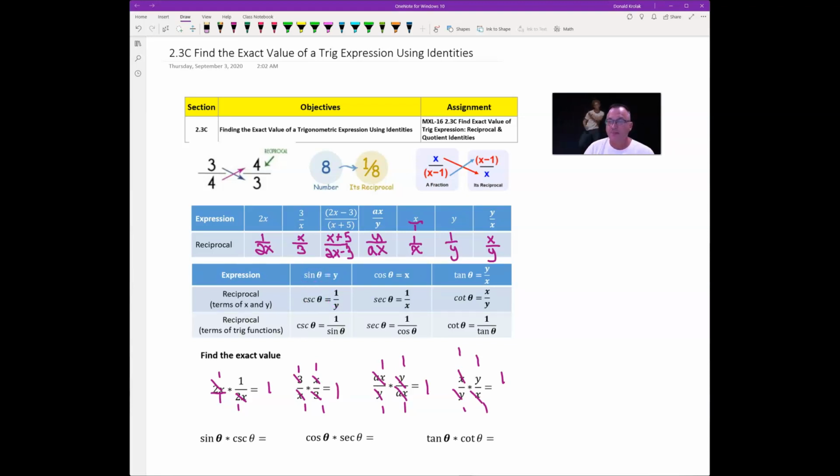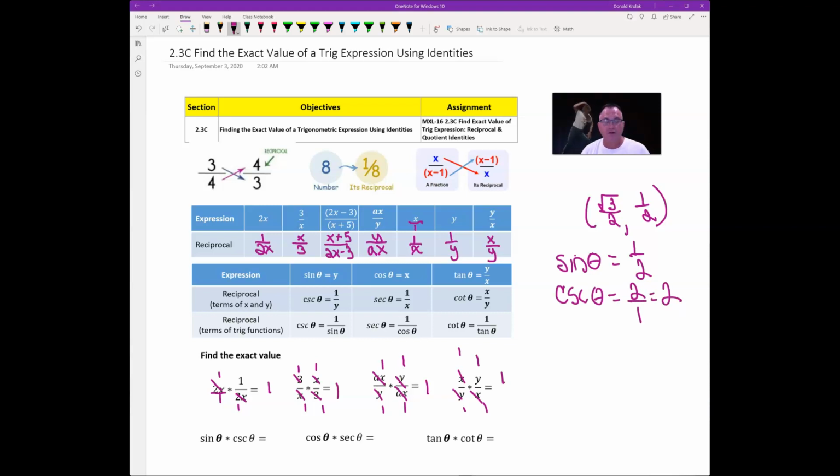That's how we defined it when we were working on the unit circle. If we knew the y-coordinate, let's say the y-coordinate was 1/2, and we said, okay, what's the sine of that angle? And you said, oh, it's 1/2. Then we knew that the reciprocal of that, cosecant, was 2/1. We just flipped them.